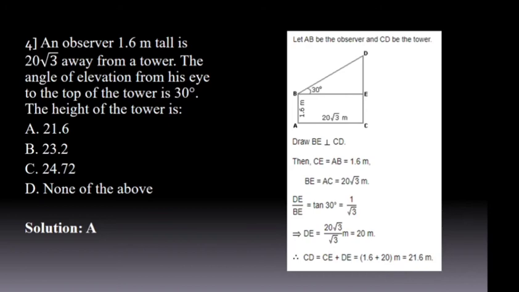Okay, so my 30 degree is the angle of elevation here. Don't make a mistake of marking this angle of elevation from this point. Okay, because it is said here that the angle of elevation is from his eye, that means it is from the point B. So this is my 30 degree.